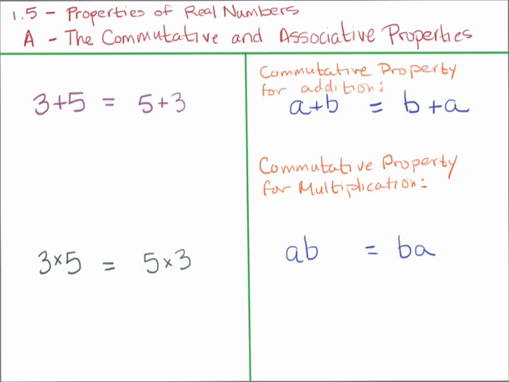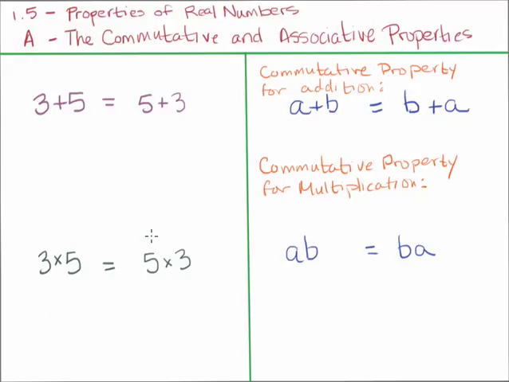In other words, for any two real numbers, the order they're in, the position they're in when you multiply them, doesn't matter. You'll get the same answer. Again, I like to think of this as the numbers commuting to work. Here, 3 commutes from the first position in the problem to the second position, and 5 commutes from the second position to the first.